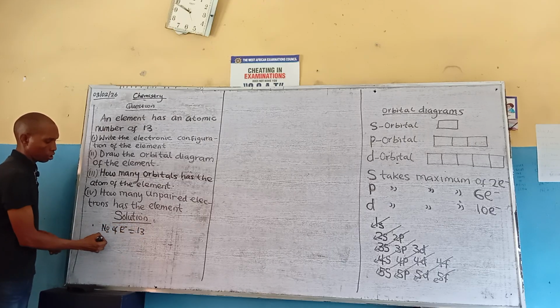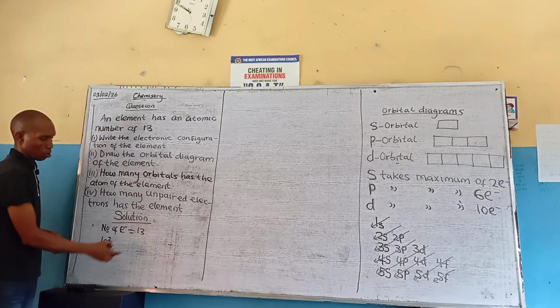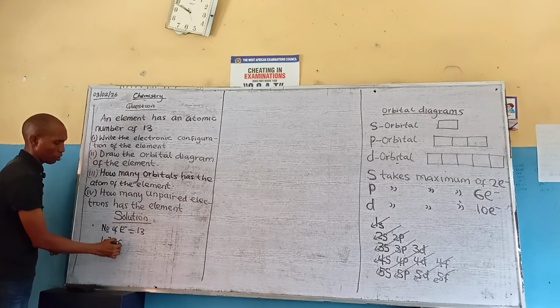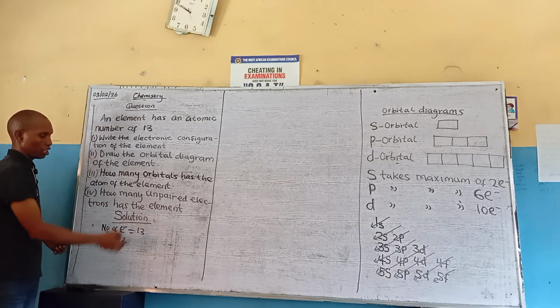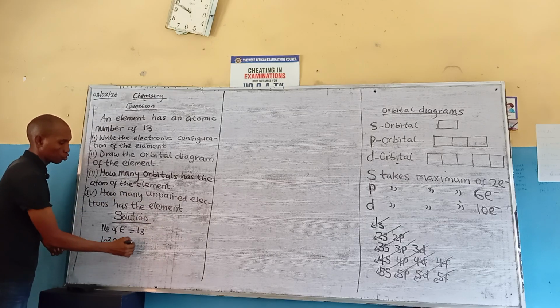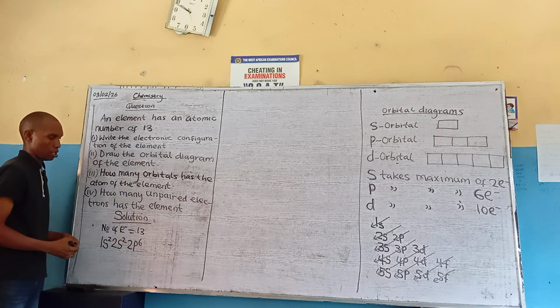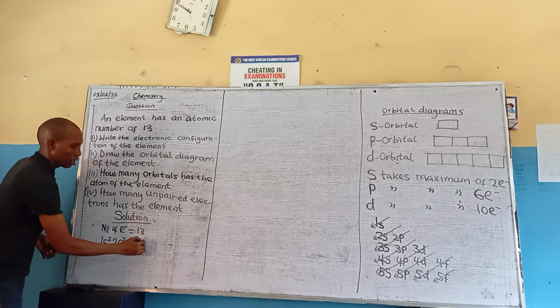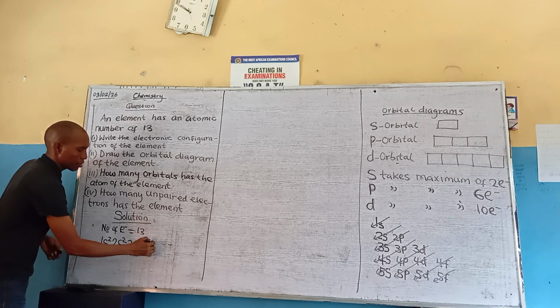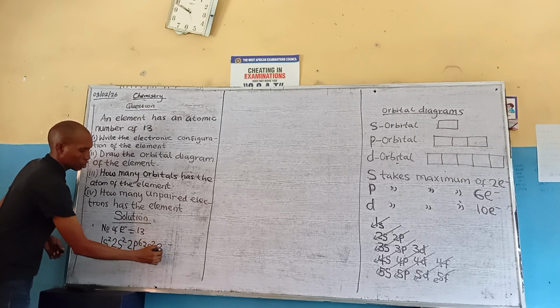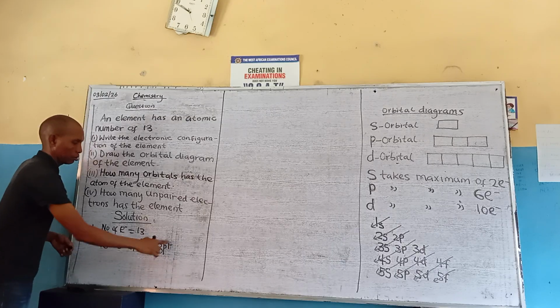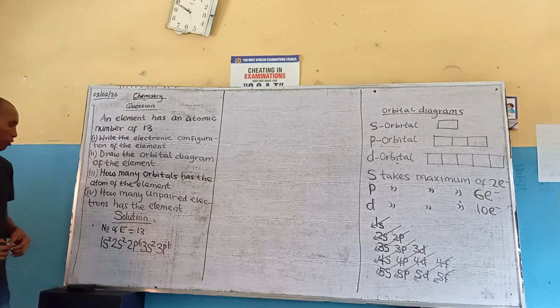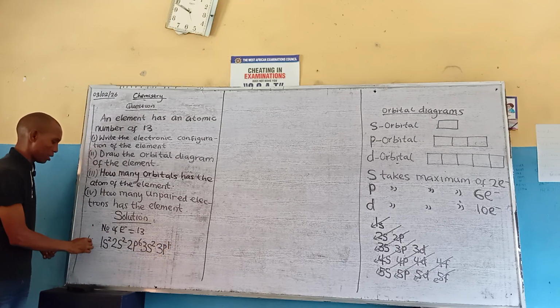So the electronic configuration then will be 1s2 followed by 2s2, follow the arrow on the board. You have 2p6, 10 electrons already, then 3s2, followed by 3p1. So this is the electronic configuration of the element.